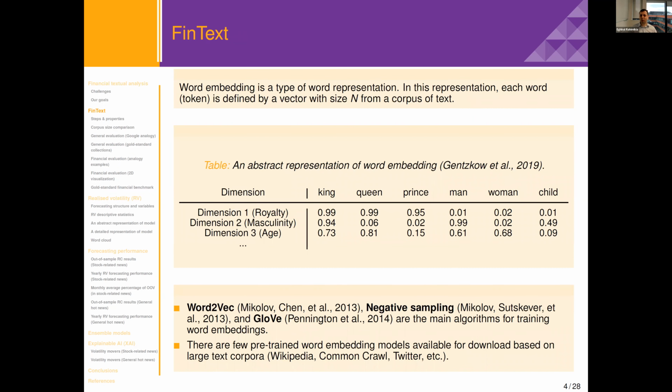So word embedding is quite simple. The definition: suppose that we have king, queen, prince, man, woman, and child as unique tokens or words inside of our corpus. So we have different dimensions, royalty, age. Usually we have more than this, 300 or 500. For our case, we are fixing it as 300. As you can see, for king, the royalty is the maximum, near 1, but for man it is the lowest one.